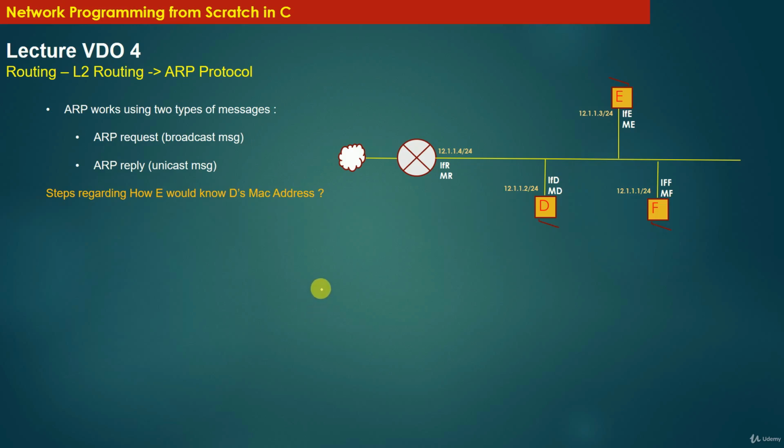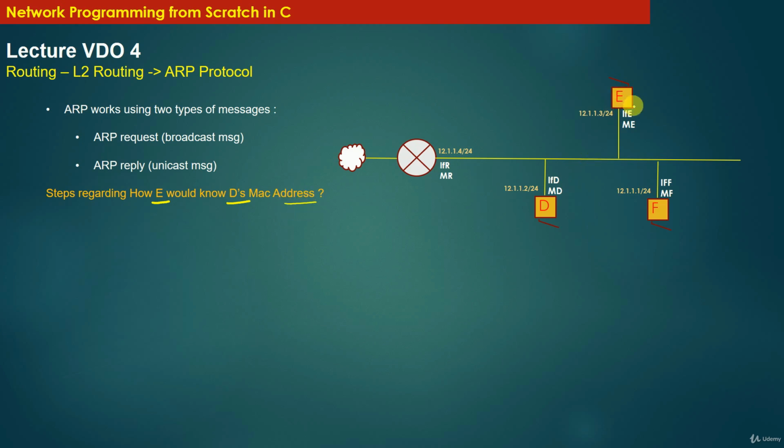So guys, going forward, now let us discuss the steps regarding how ARP protocol actually works. So here the problem statement is: how would the sending machine, that is machine E, know the recipient machine D's MAC address?